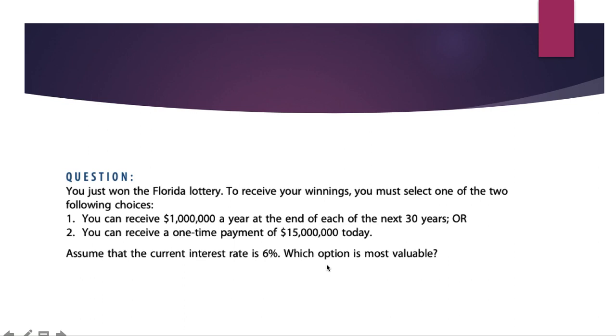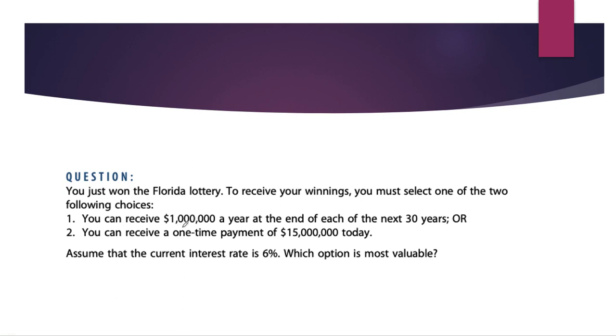Okay, so let's check a question, and then we will stop our video. So in this example question, suppose that you just won the Florida lottery, and to receive your winnings, you must select one of the two following choices.